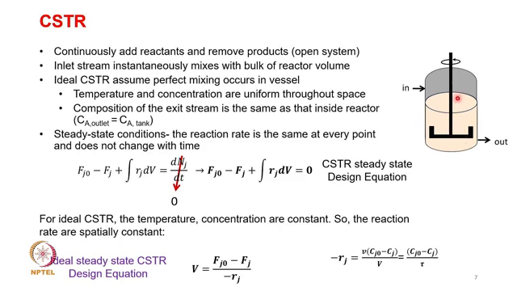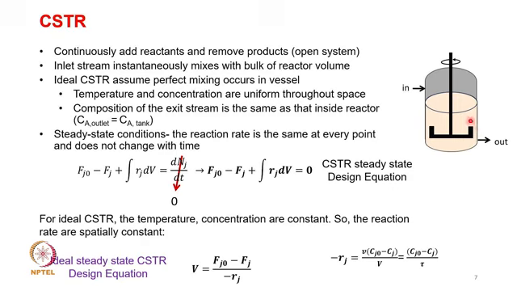As a result, temperature and concentration are fairly uniform throughout the entire space. Under the ideal case, it is completely uniform. Whatever you take out of the reactor, which we call the exit stream, has the same composition as the reactor.